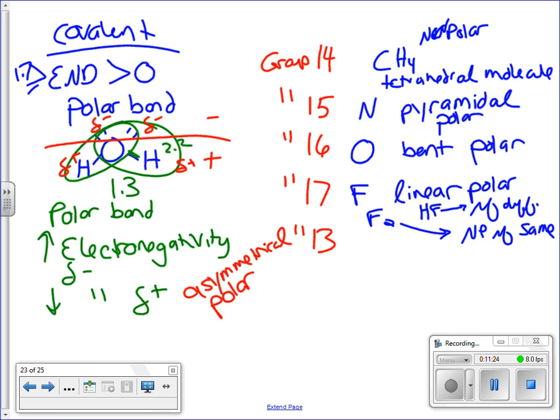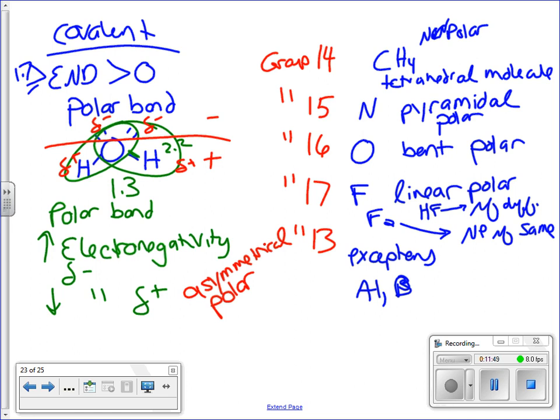Bonded to itself, it's nonpolar because it is symmetrical. Okay? Group 13 are your exceptions. Okay, this is like aluminum, boron. Okay, that's a B, boron, excuse me.